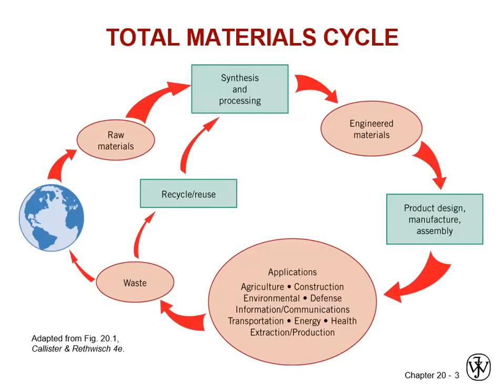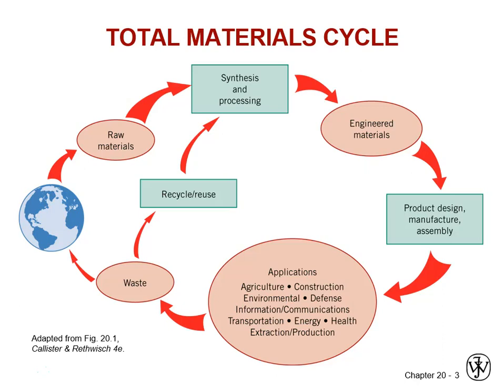We can kind of look at all of this from a graphical standpoint, and it's circular because the Earth tends to be a bit of a closed loop system. So if we start with the Earth, and we're looking at sourcing our raw materials, they are going to come from somewhere on the Earth. We will use those for synthesis, primary synthesis, or extraction if we have a mined product, or possibly grown in the case of things like cellulose, precursors to polymers.